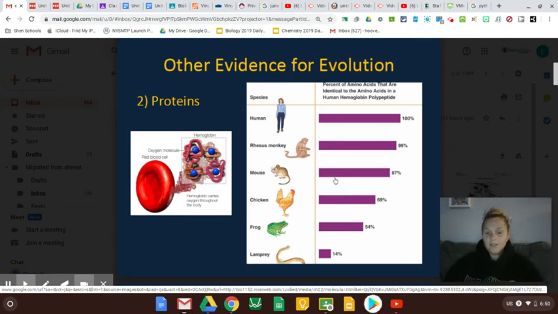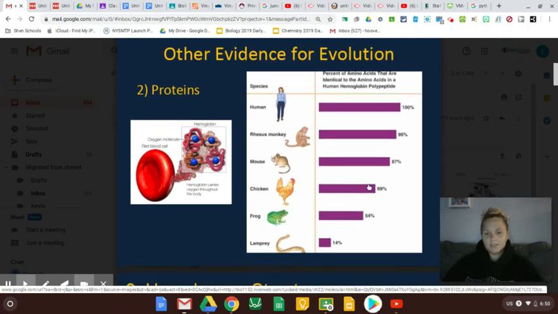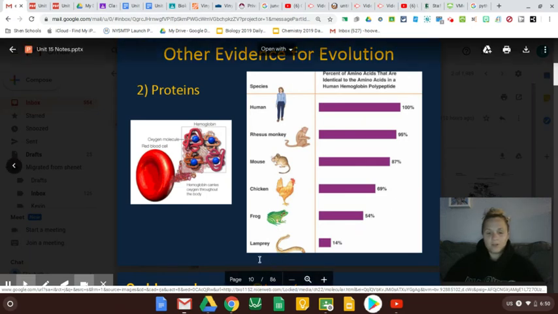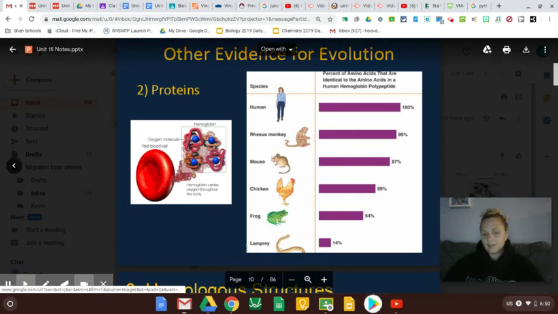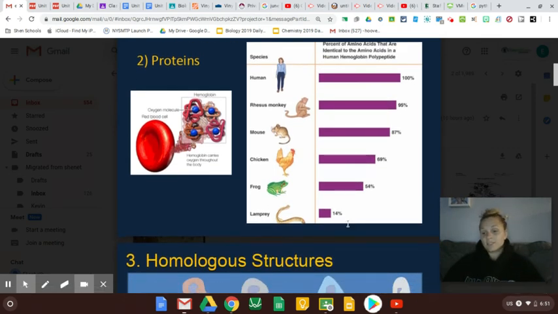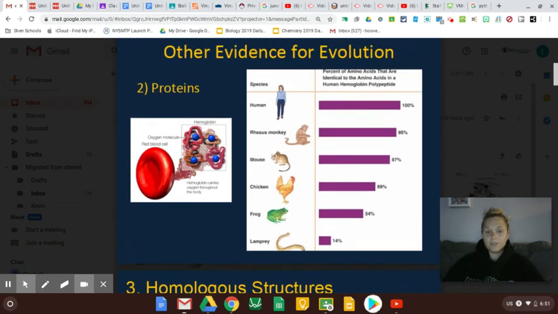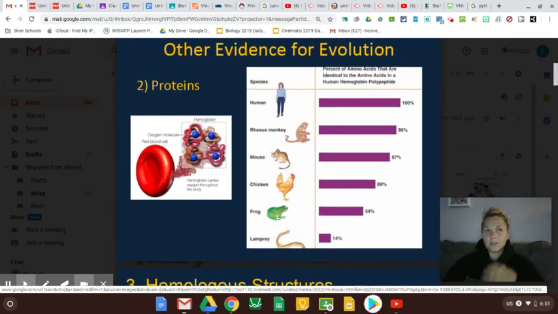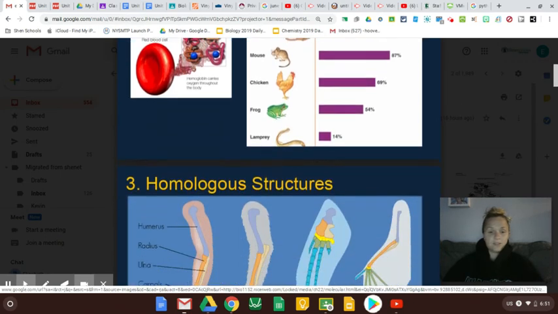And then even a mouse has 87% of the same DNA as us. A chicken has 69, a frog 54, and even the sea lamprey, a sea animal, the one that has the suckers that attach to a fish, even that has 14% of the same proteins as us. So another clue that we might all be related. We might all have evolved from a common ancestor.